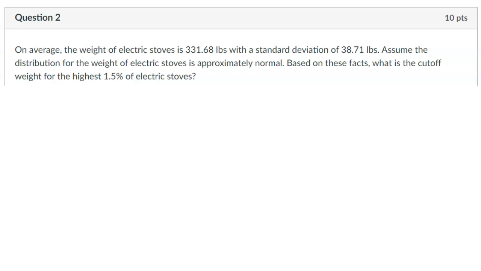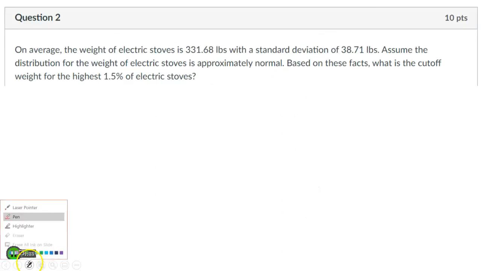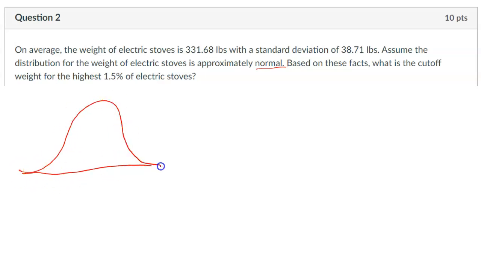Okay, first here, one easy way to think about this problem is noticing that the distribution is approximately normal. That is actually saying something about the distribution. So immediately when you see a problem like that, you should say, okay, this apparently is approximately normal.